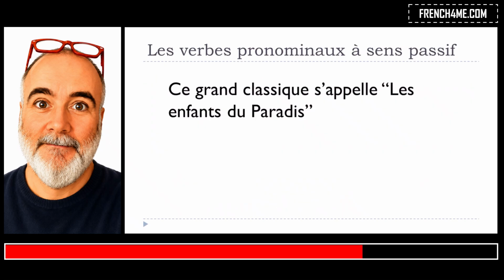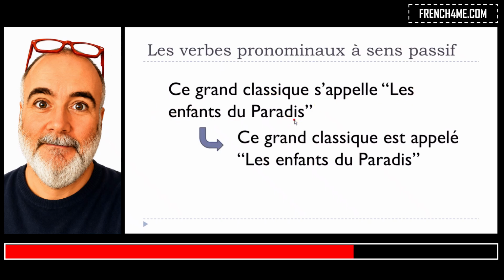Okay? So, if we take a look again at the sentence, ce grand classique s'appelle Les Enfants du Paradis, well, it could be possible to write it like that. Ce grand classique est appelé Les Enfants du Paradis. And this is one interesting thing, because now you notice that it is possible to use this verb appeler.